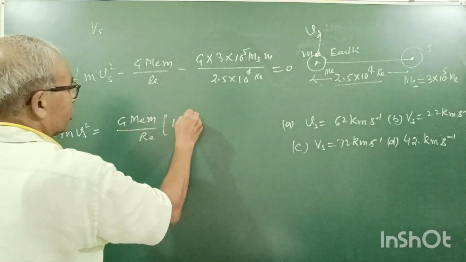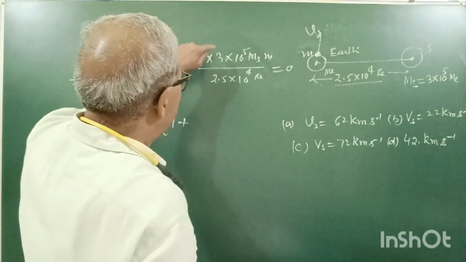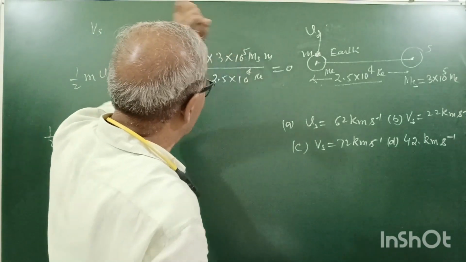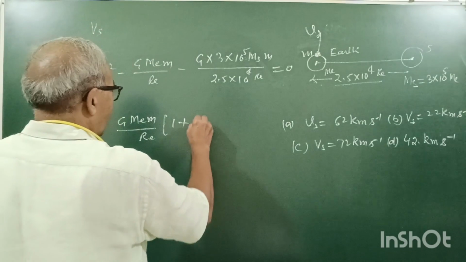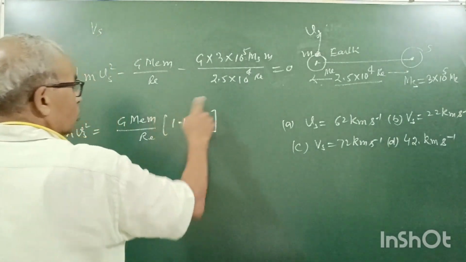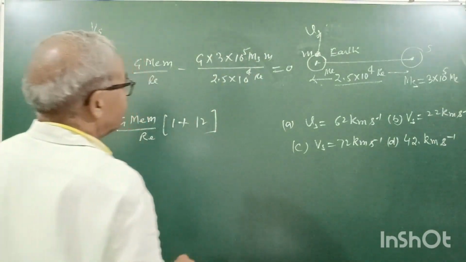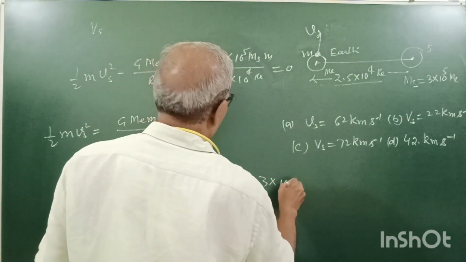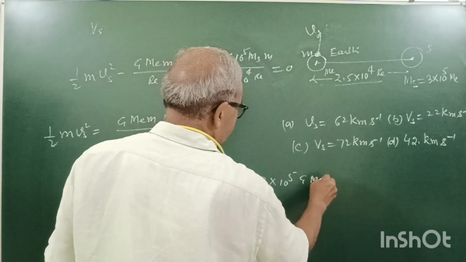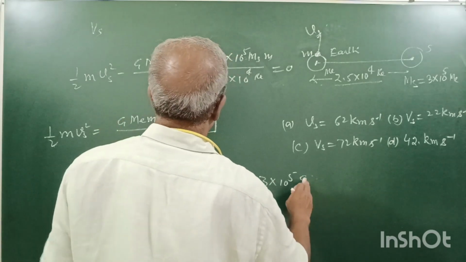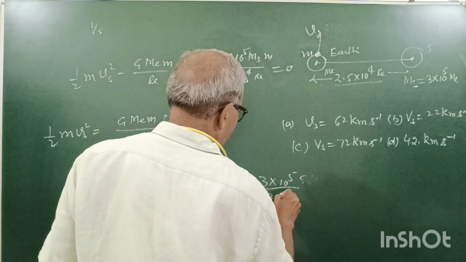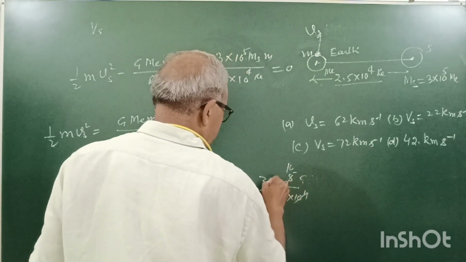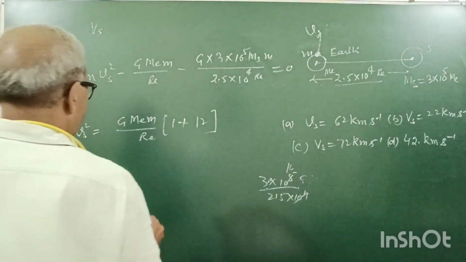So 1 plus 3 into 10 to the power 5 upon 2.5 into 10 to the power 4, that is 300 upon 25, which is 12.